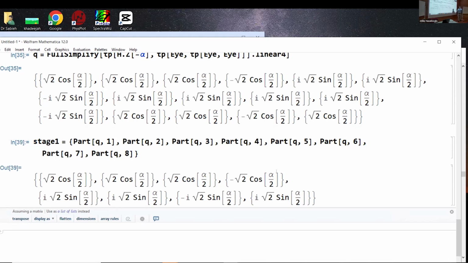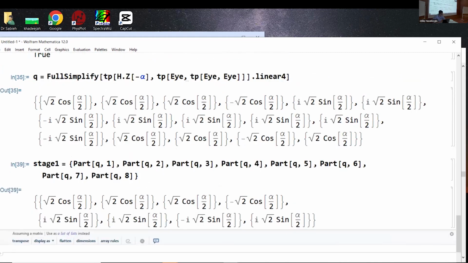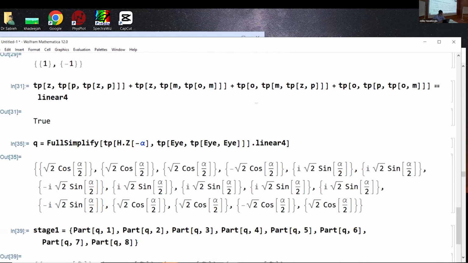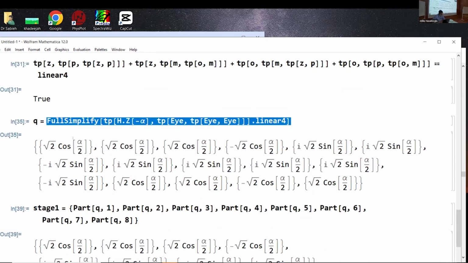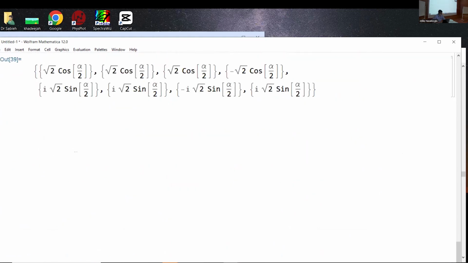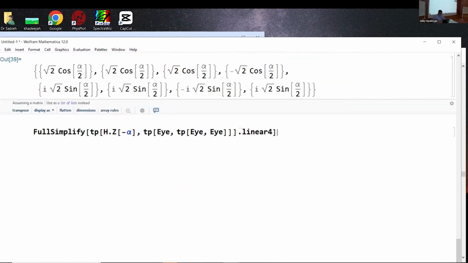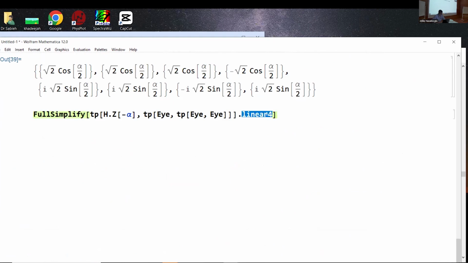Right? So how do I do that? I take my stage 1 and measure on the first qubit, go to the second qubit.